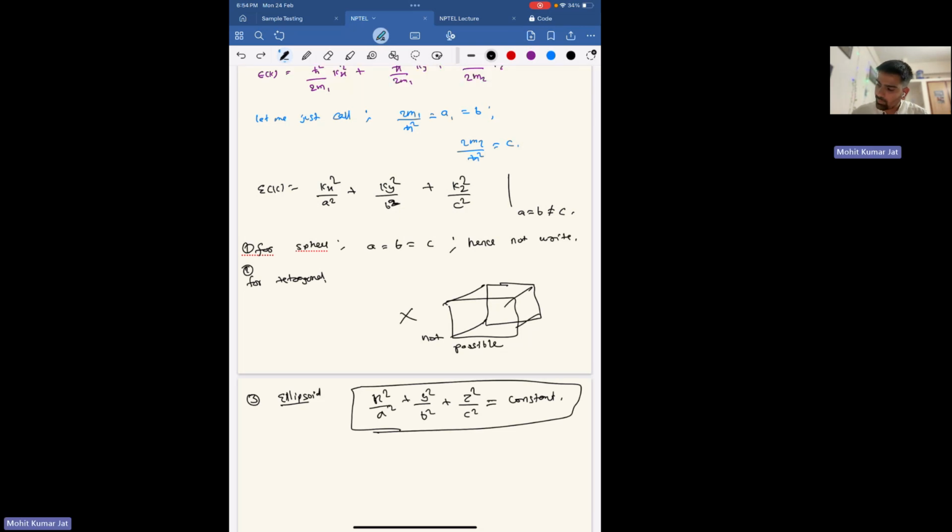If you compare this, this is equation 1. In the case of the ellipsoid, a and b and c can be equal or cannot be equal. So there is no such constraint. If you compare 1 and 2, this implies the given dispersion is ellipsoid.